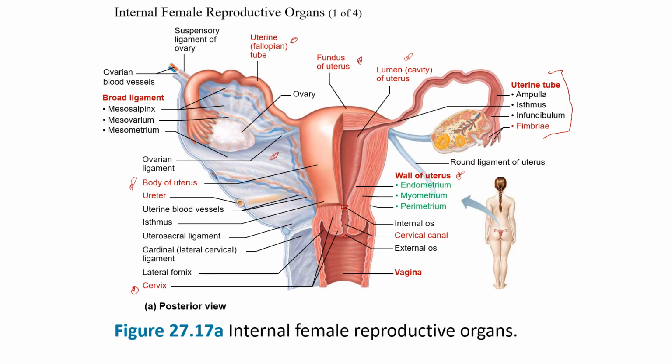All this is contained, even the uterus, even right under here, under body of uterus, you see the ureter. Even the ureter passes through this. And this is basically to hold things in place.